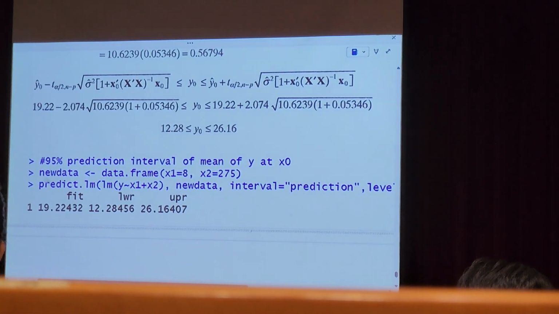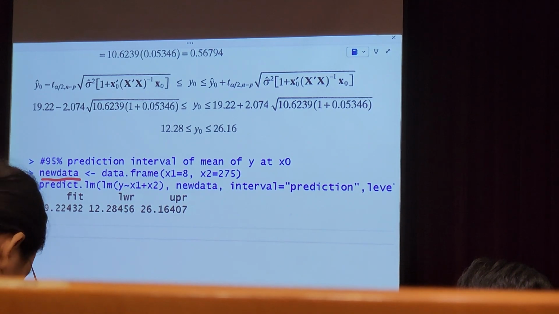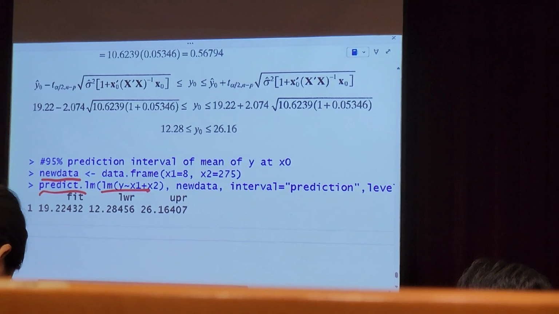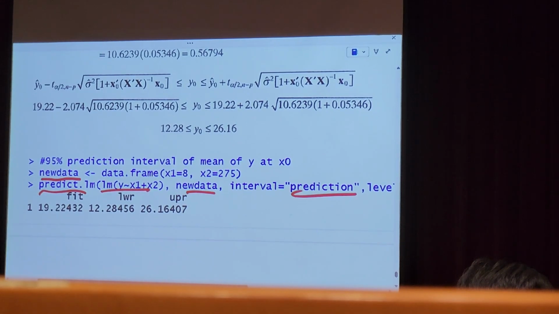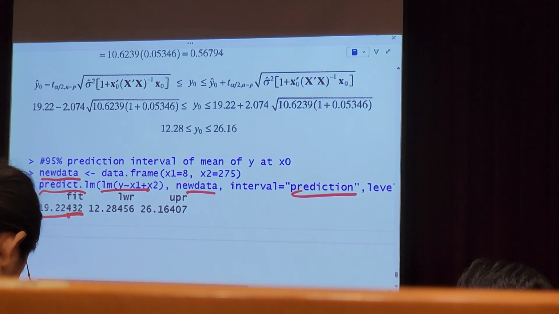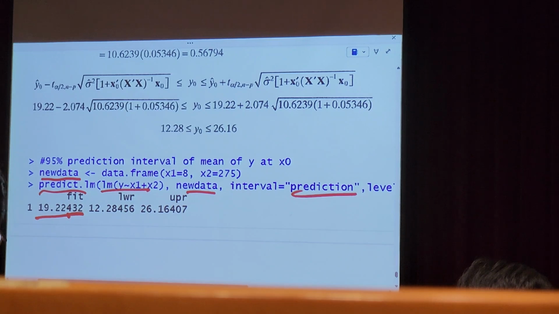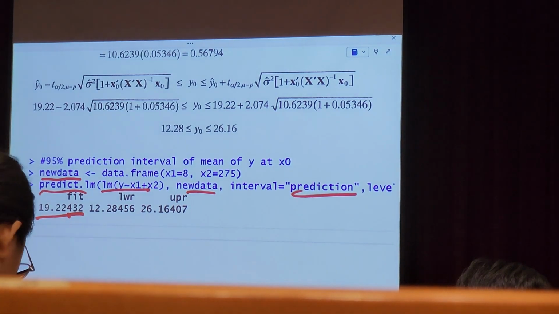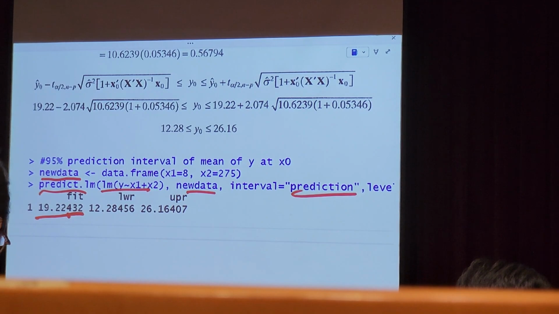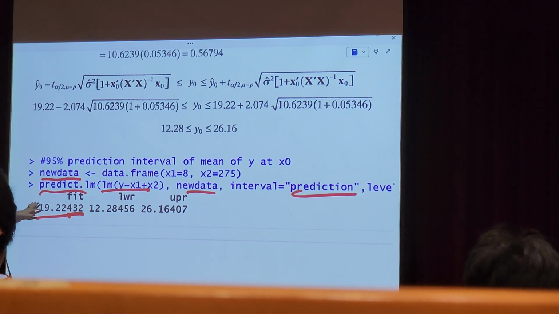All you need to know is how to set up a new data that contains your regressor values, and then call this function predict, new data prediction. So now I know this time. I predict the time that I'll take is about 19 minutes.